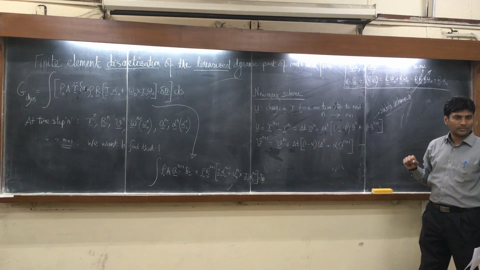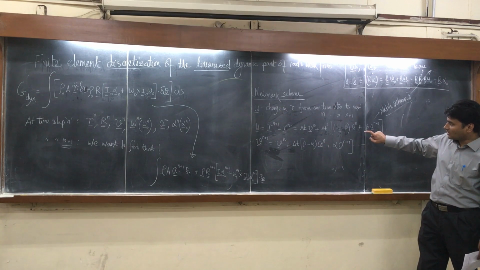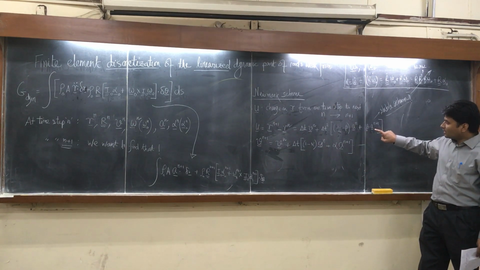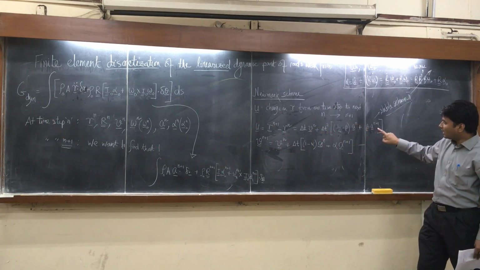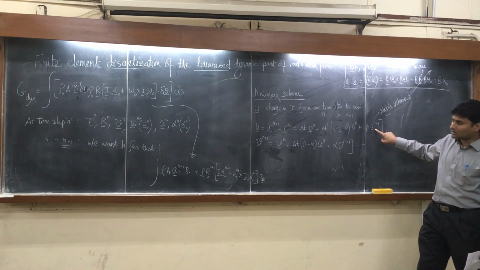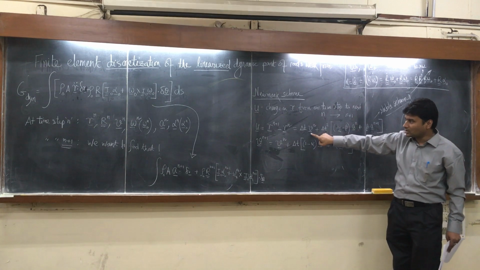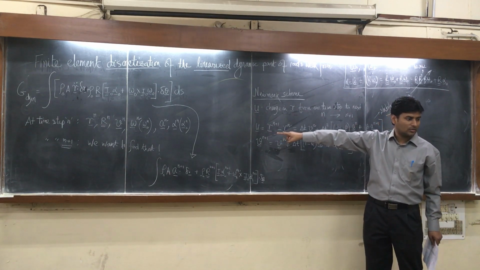So how can we do that? It's quite simple. Just look at this term. Bring everything on the left hand side and just skip this. Then you have acceleration at n plus 1 in terms of acceleration at n, velocity at n, and the increment, isn't it?